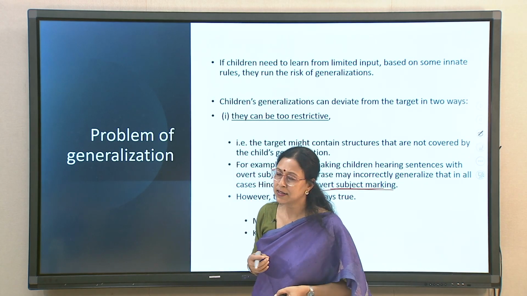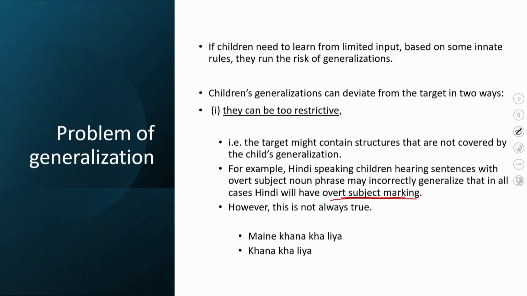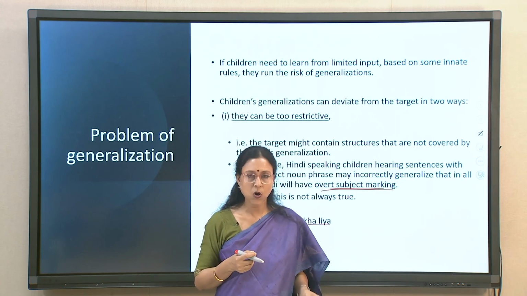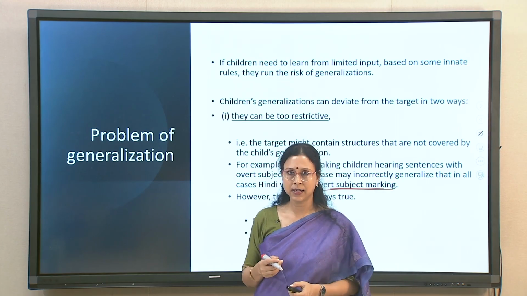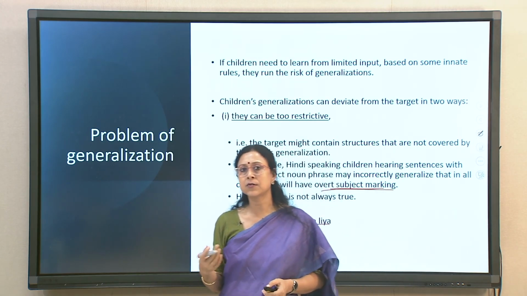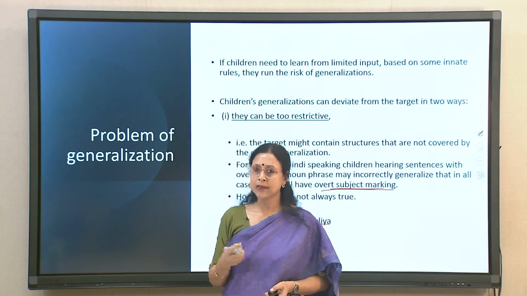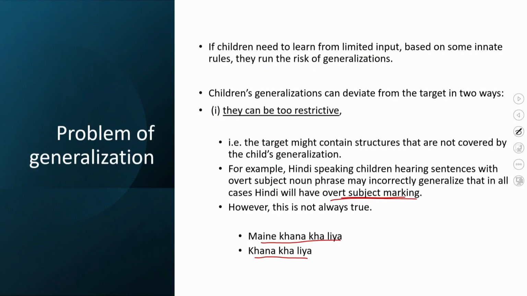In Hindi at least it is possible to drop the subject, you can simply say khana kha liya. Of course, maine khana kha liya is the canonical structure, but it is equally common to say khana kha liya, where the subject is understood in the context, who has eaten. So, this is a case of what is called the restrictive case of generalization.